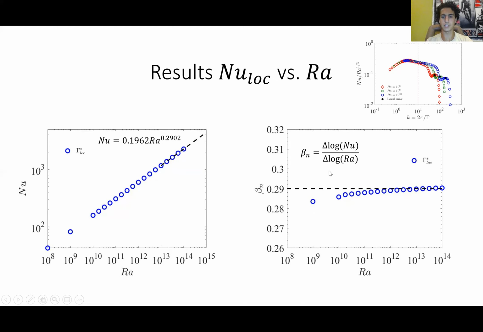This is the local exponent between consecutive points. Basically, it measures the exponent between the following points using a log-log scale. As we see, at sufficiently large Rayleigh numbers, this seems to be approaching 0.29, if not slightly surpassing it for Rayleigh over 10 to the 13th.